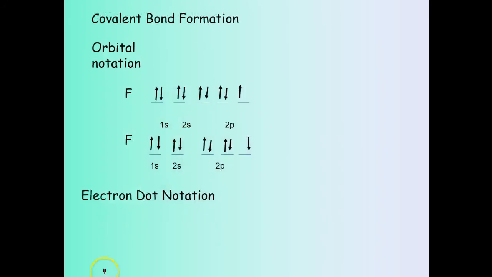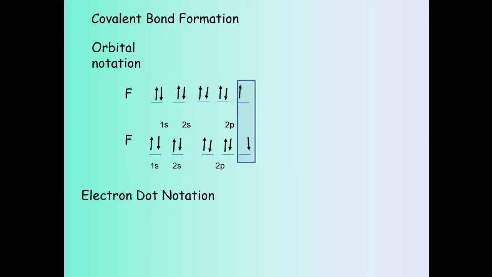Now, in covalent bond formation, here's what happens. If we take a look at the orbital notation for fluorine, we have two fluorine atoms that are going to form a bond. We see in the 2p sublevel that there's one electron that is unpaired, right here for this fluorine and right here for this fluorine. So what happens is their p orbitals are going to overlap.